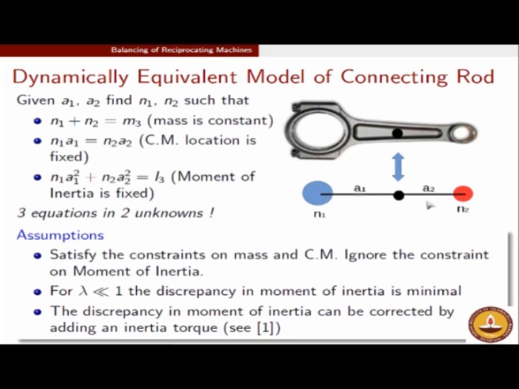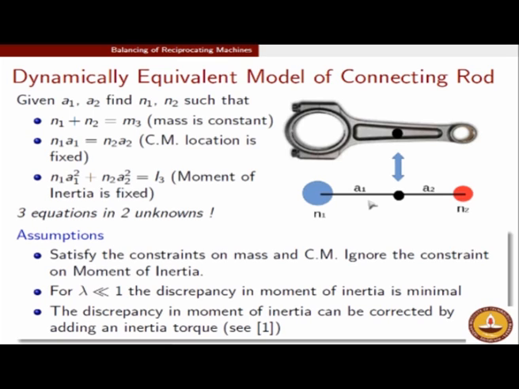But then A1, A2 is already known, because we want the ends of the connecting rod to be exactly the same. Because we want the simplified connecting rod length to be the same as the actual connecting rod, if we hold the lengths the same, then the lumping will happen exactly at the big end and the small end of the connecting rod.